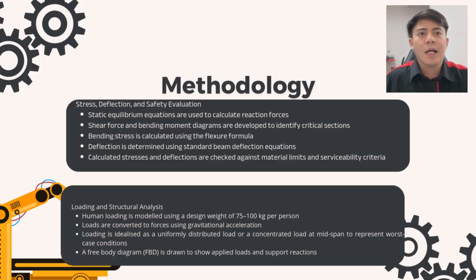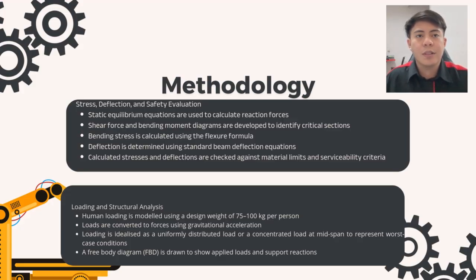Shear force and bending moment diagrams are developed to identify critical sections. Bending stress is calculated using the flexure formula. Deflection is determined using standard beam deflection equations. Calculated stress and deflections are checked against material limits and serviceability criteria.